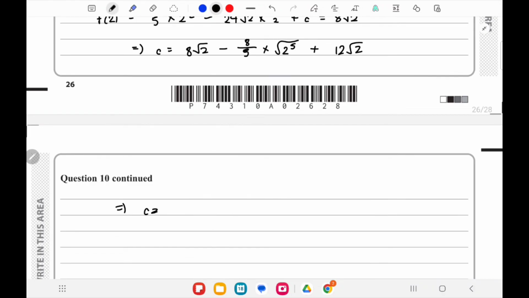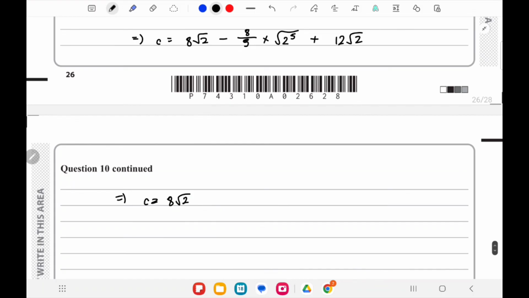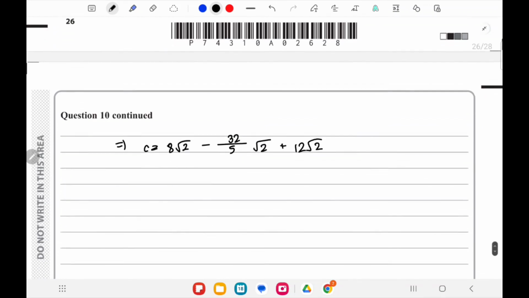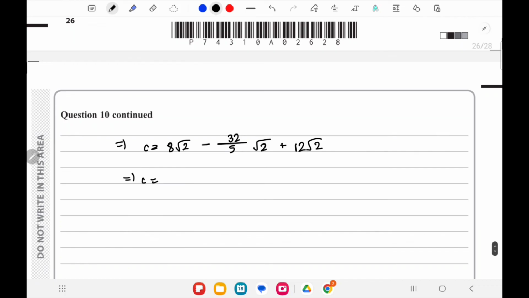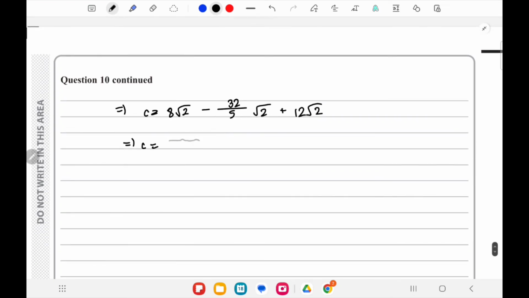So c will be 8 root 2 minus 32 by 5 root 2 plus 12 root 2. C will be 8 minus 32 by 5 plus 12, 68 by 5 root 2.